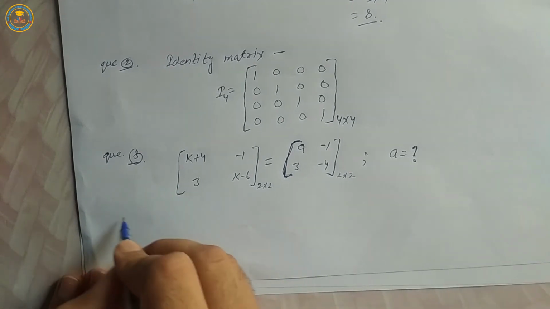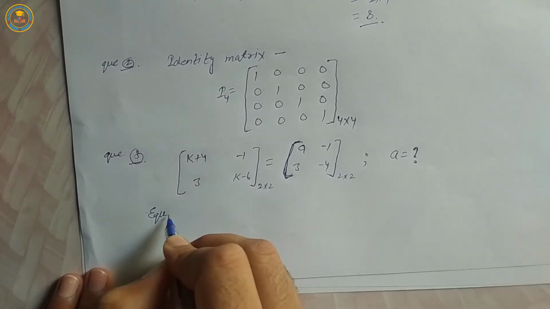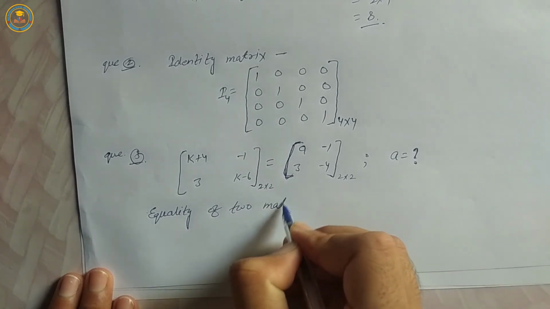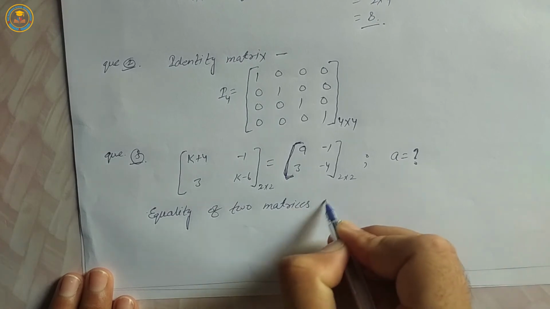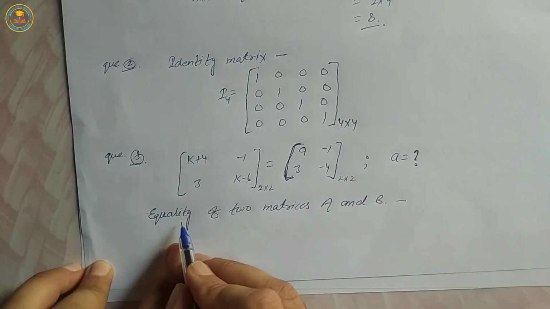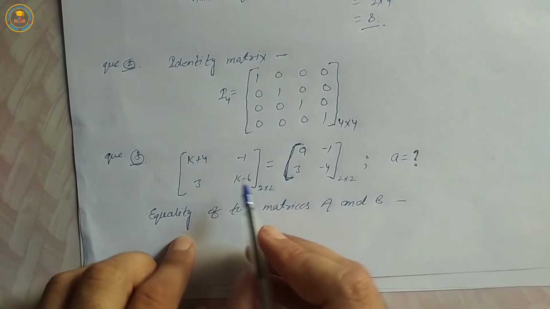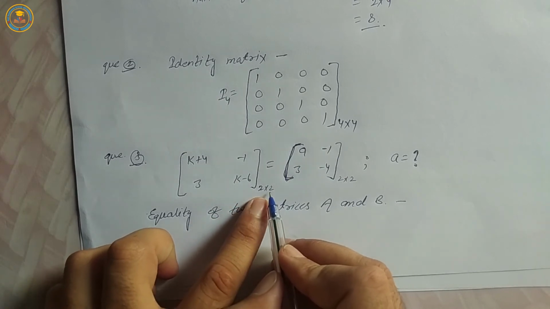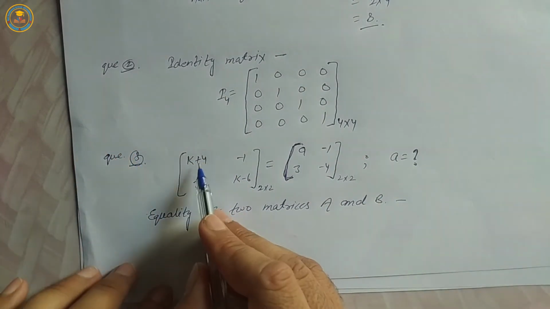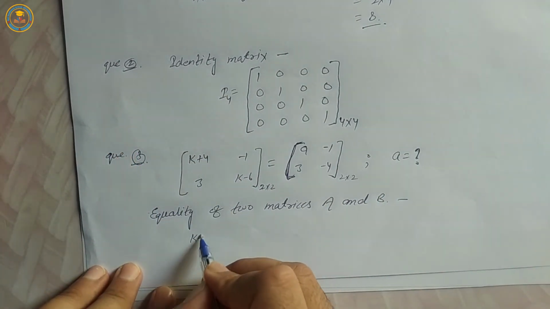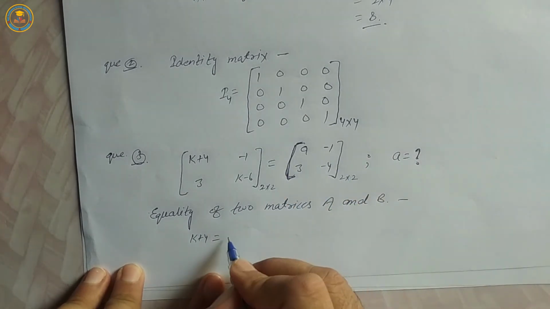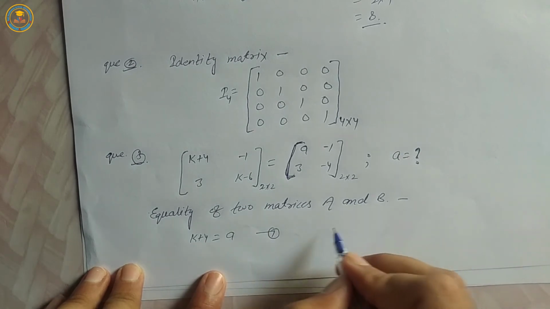Apply the condition of equality of two matrices A and B. The orders are the same, and the first element k plus 4 is equal to a, from equation first.